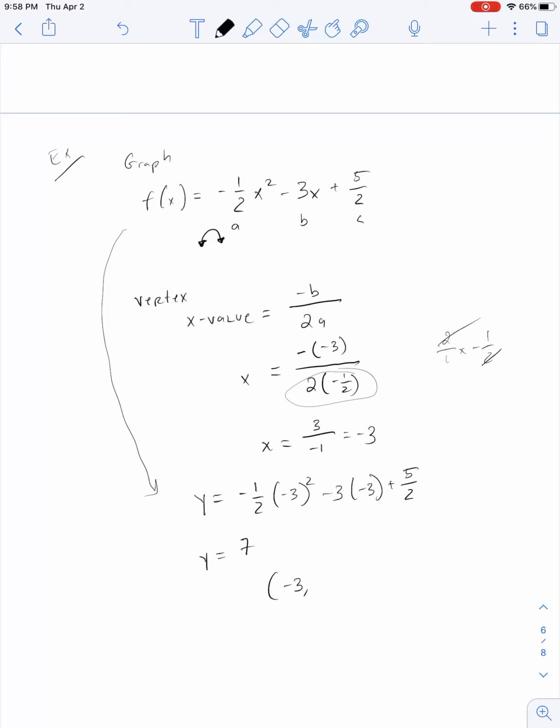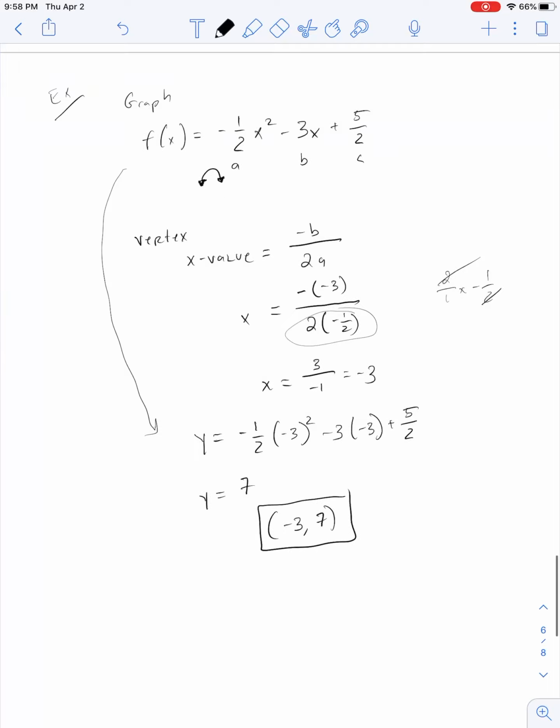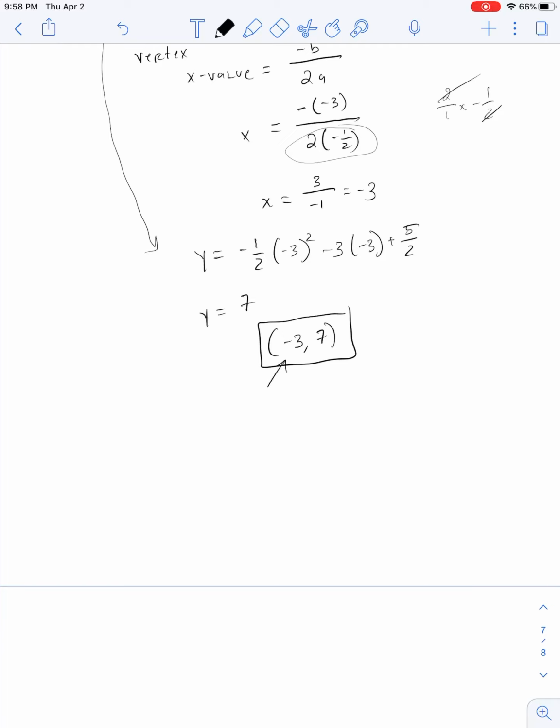So now your x is negative 3, and your y, I'm sorry, your y is 7. All right, this gives us the axis of symmetry equation. Right, x equals negative 3.